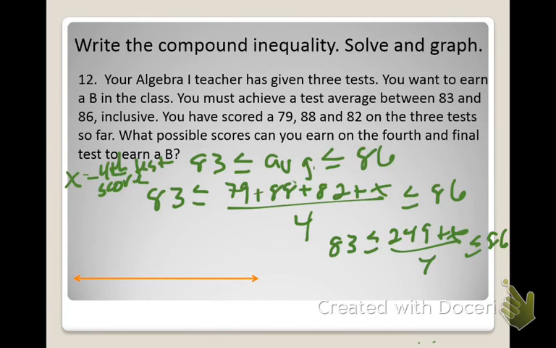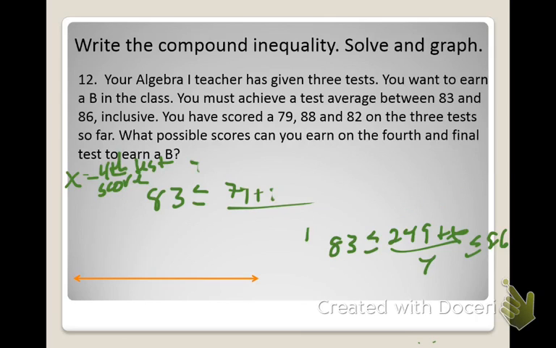Right? Multiply through by what? 4. Yeah, multiply through by 4. Multiply everything by 4 so we can get rid of that fraction. These 4s are going to divide out. Go ahead and cross them out so you don't have to worry about them anymore.